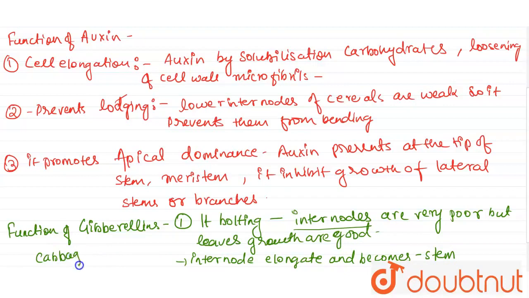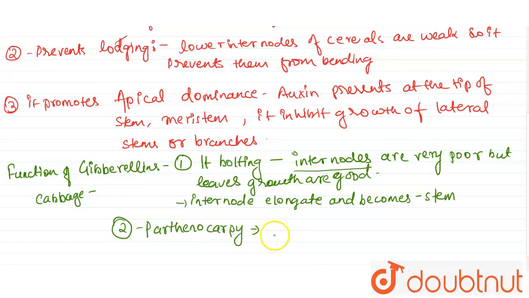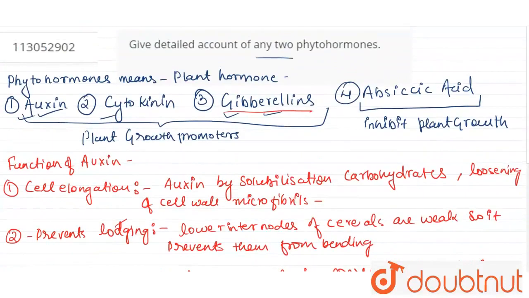You can take the example of cabbage for the bolting process. The second most important function of gibberellin is that it induces parthenocarpy in tomatoes and apple, etc. So these are the functions of gibberellin and auxin, as our question asks.